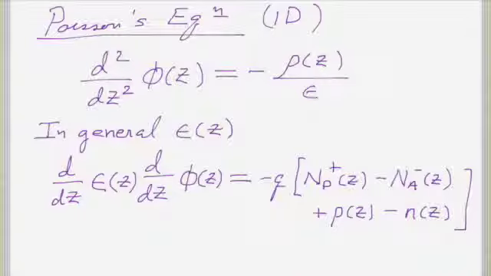Two of these charges, at least for us, the way we're dealing with it, are just fixed, and not changing as the potential changes. We usually invariably assume what they call complete ionization of your dopants.